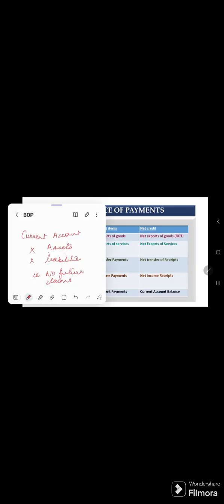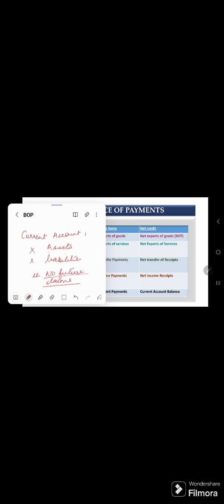After having discussed the components of current account, we must also remember something regarding current account, that is, current account includes all those transactions that have no impact on assets and no impact on liabilities. That means they do not create any future claims for the country.